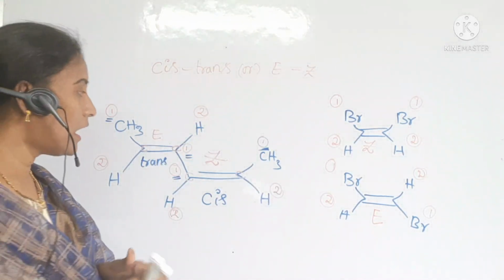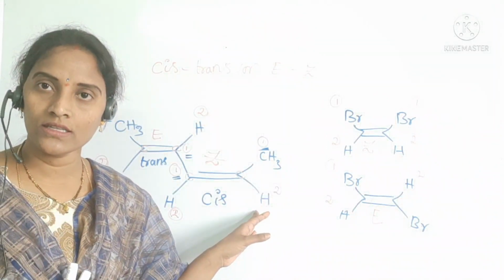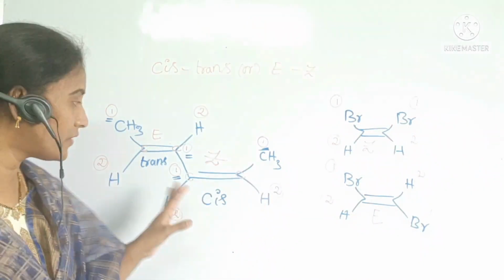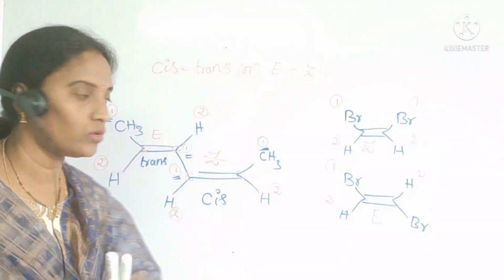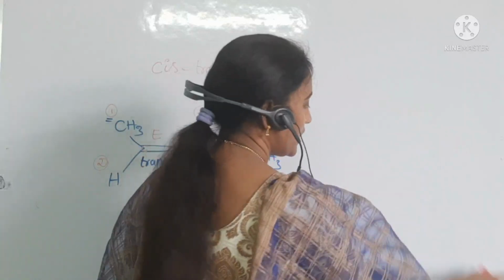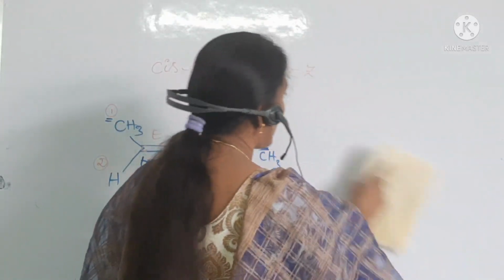See, students, by seeing this molecule, how many isomers are possible for this molecule? If you want to know that, you have to use this formula, that is 2 power n.